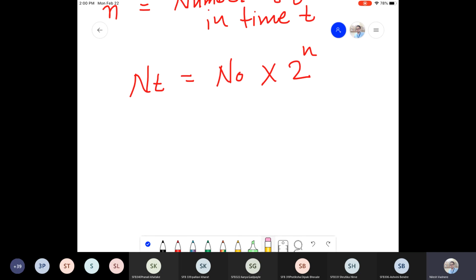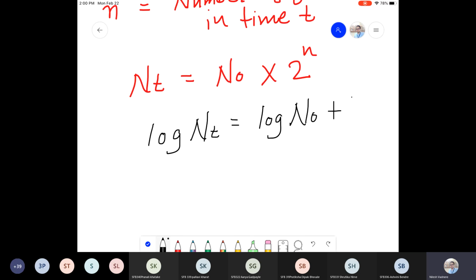Now we will solve this by applying the log. So we will solve it by applying the log to the base 10. So if you apply log to this equation, it will be log of Nt is equal to log of N0. अभी ये जो माइनस मल्टीप्लीकेशन है वो अगर हमने log अप्लाई किया तो वो प्लस हो जाएगा.